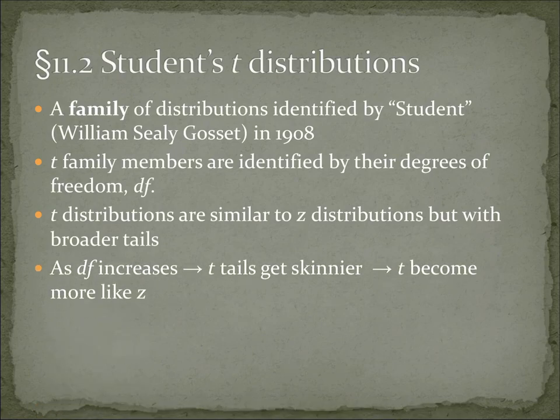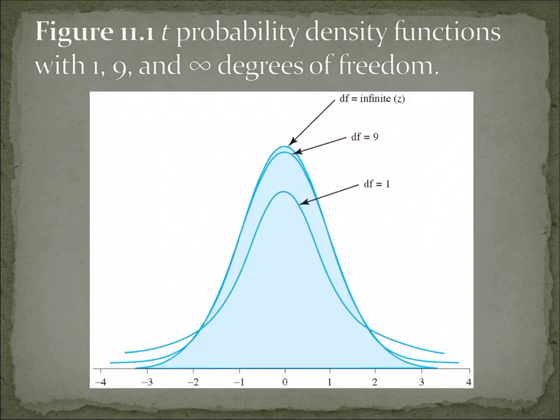You'll see this in a second. As the degrees of freedom increase, the t-tails get skinnier and t becomes more like z. So as the number of study samples you have, whether that be people or whatever you're looking at, increases, the t distribution becomes very similar to a z distribution. As you can see here, you have the t probability density functions with 1, 9, and infinity. Here's your infinity, and it looks very similar to our normal bell-shaped curve.